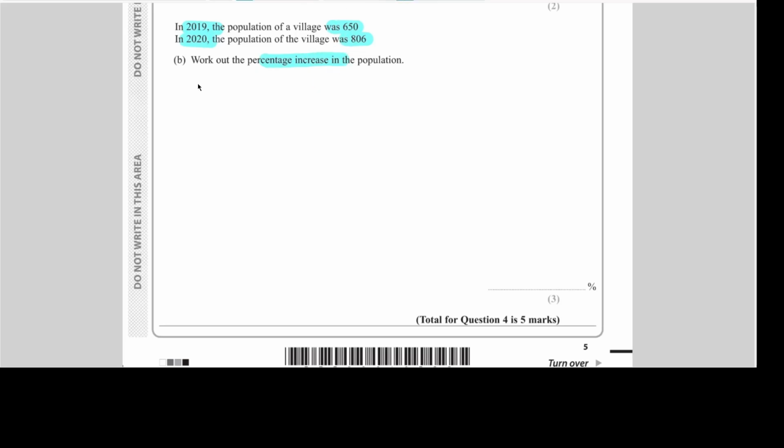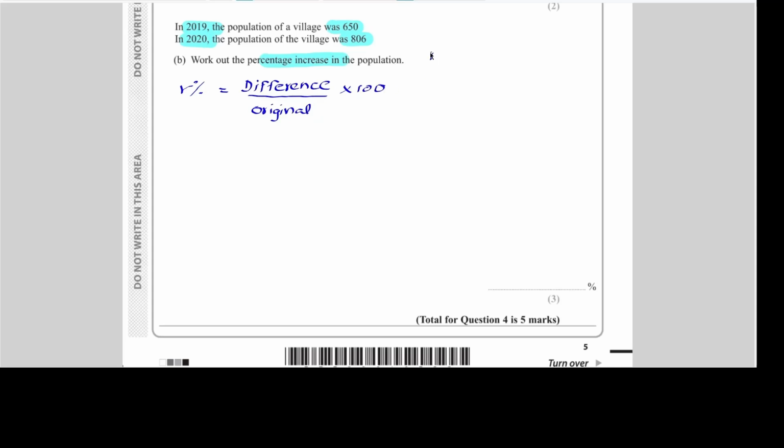There's a formula: percentage increase or decrease or any percentage change or difference is represented by R. R can be figured out using this: the difference over the original amount, the initial amount, into 100.